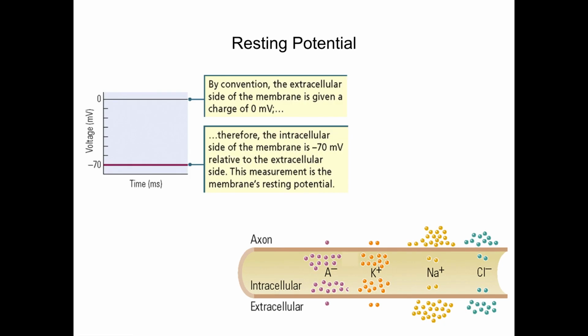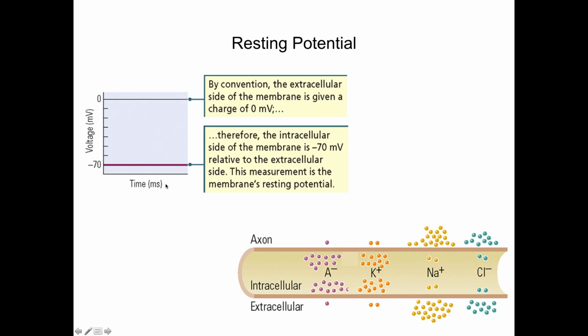So although the outside area of the cell is technically positive, we normally just follow the convention for assigning it a 0 charge when we discuss it for comparison reasons. So whenever we talk about a membrane, here you have the voltage on the y-axis and time on the x-axis.